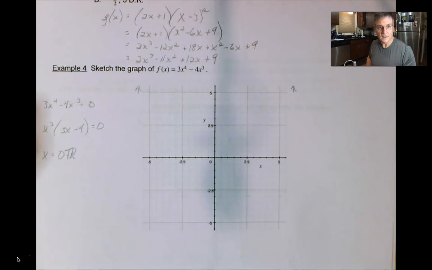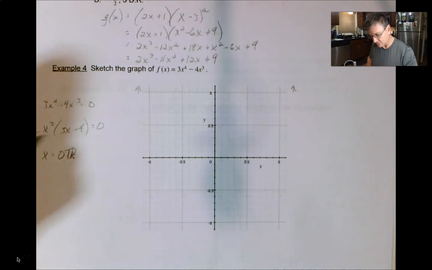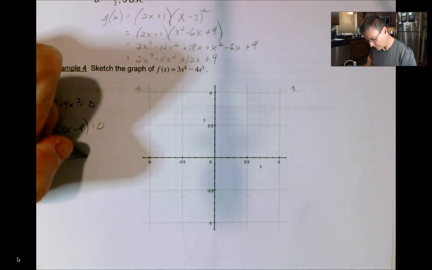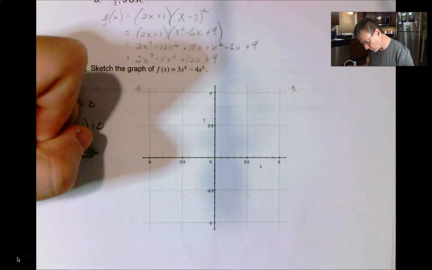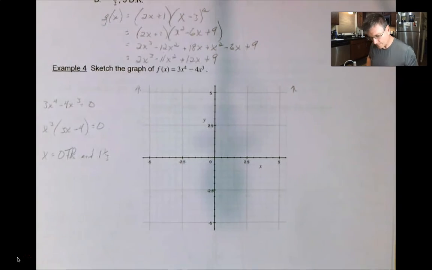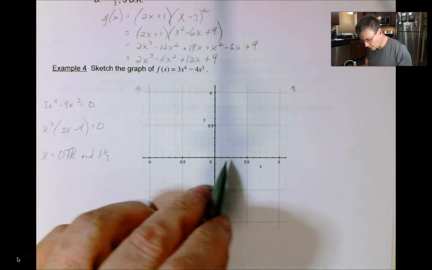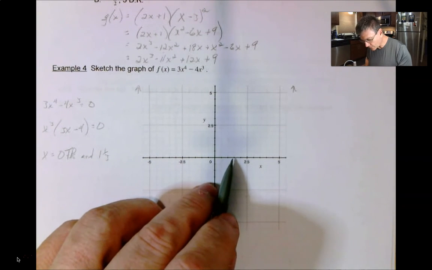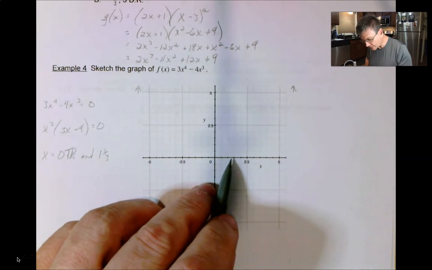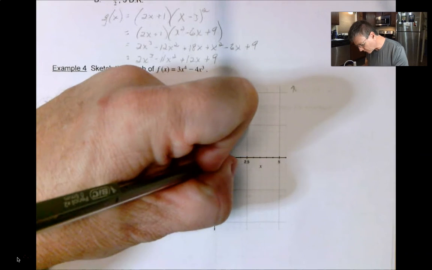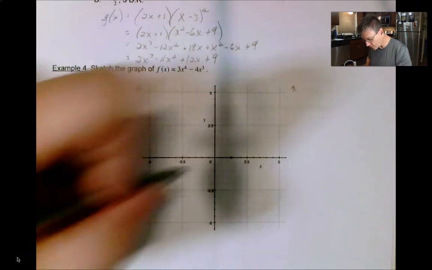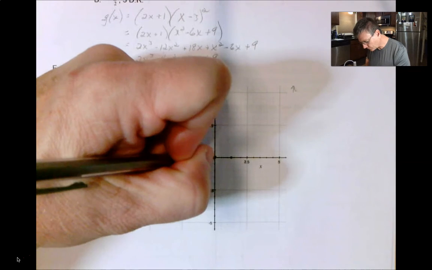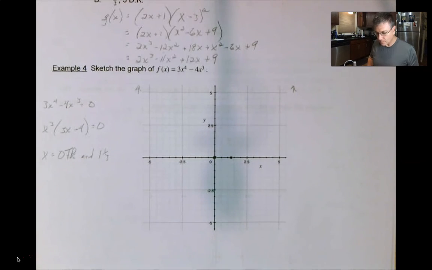Triple roots do cross through, they don't bounce. And 1 1/3, positive 1 1/3. If that's 1 1/2, say 1 1/3 right about here. And 0 is a triple root.